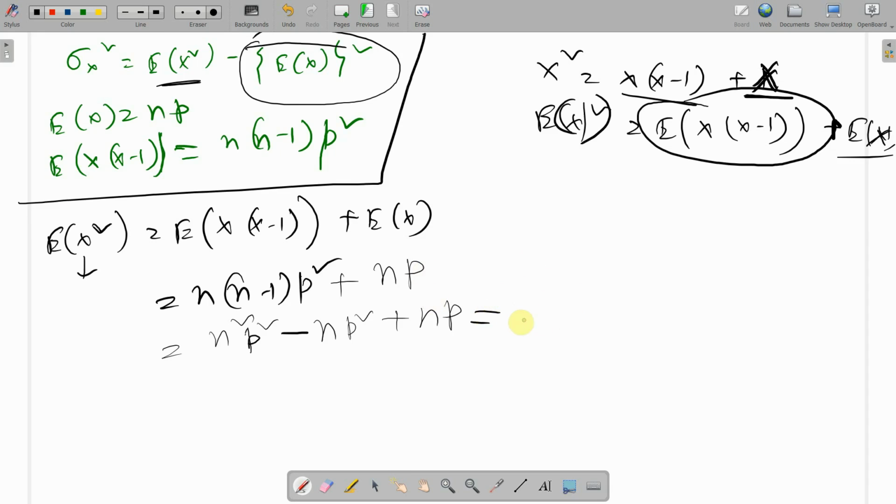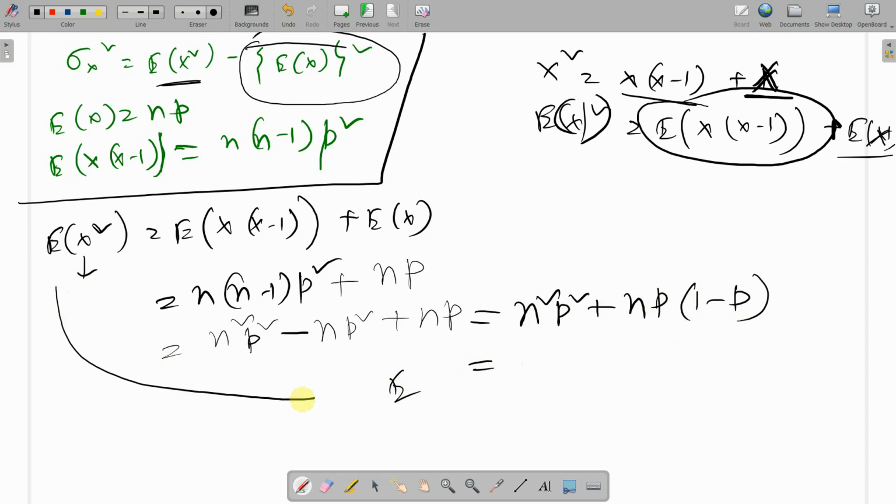ठीक है. n square p square minus np square plus np, so n square p square में what I will be doing, I will be taking a common np. I have one objective here, that's why I am taking a common: n square p square plus np into 1 minus p. So E of X square here I can write n square p square plus np.